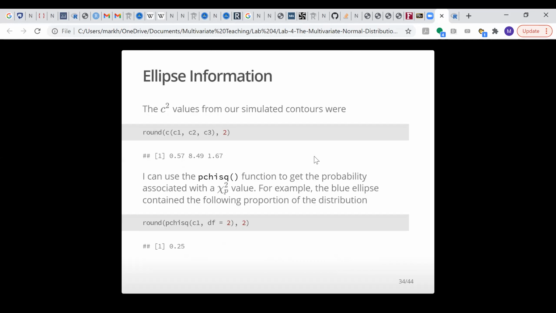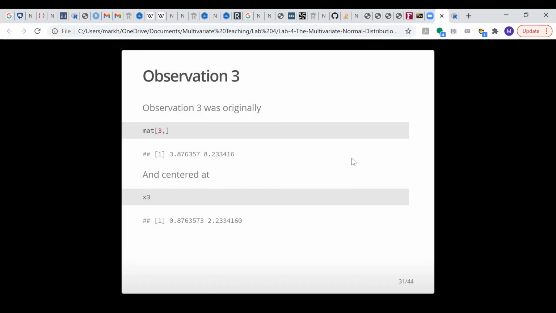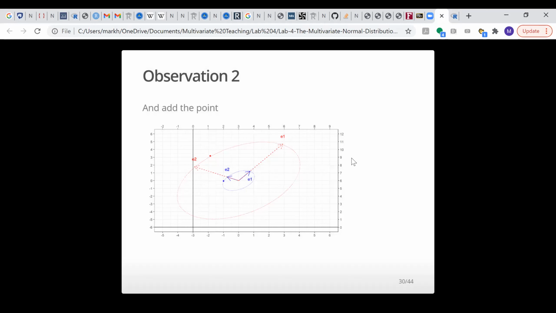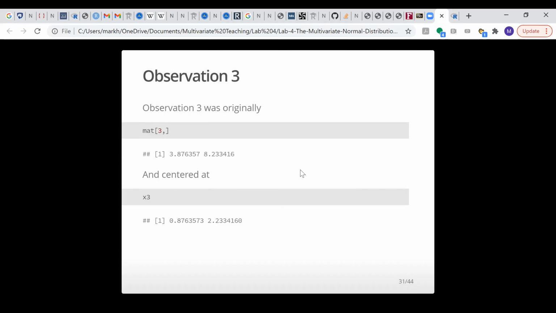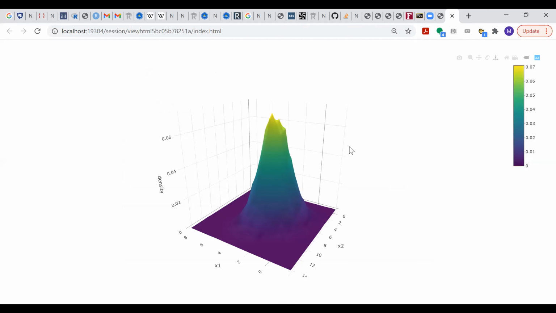So if we take observation 3, so this was 3.888 and 8.23, and we find that in Plotly.